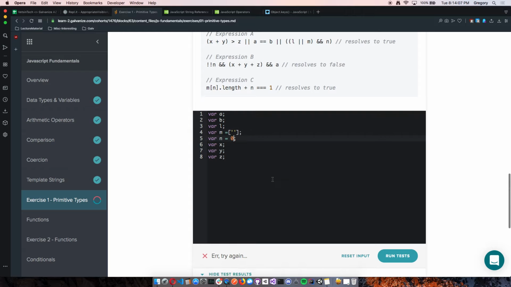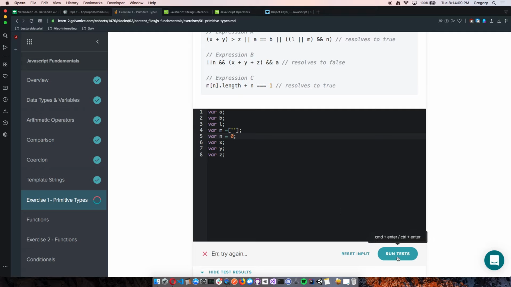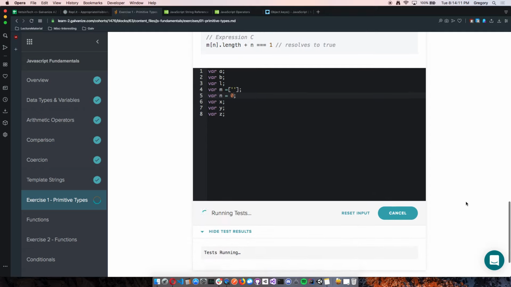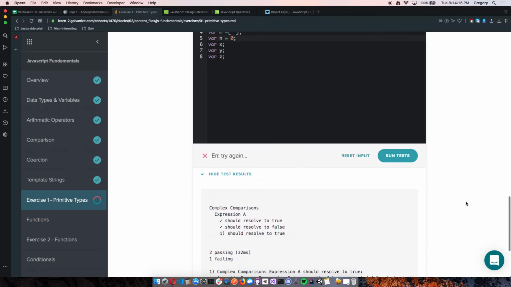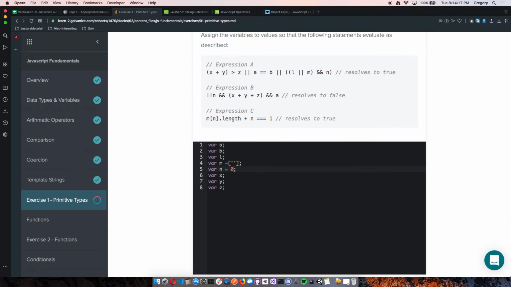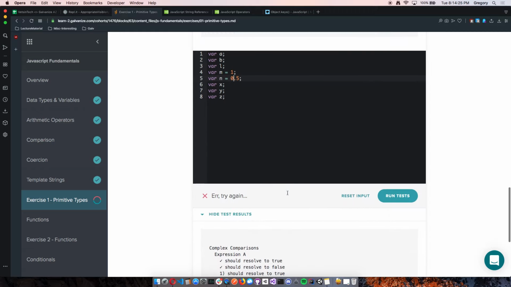Zero plus one equals one. Let's do 1 for M and 0.5 for N. One more time. Do 1 for M, number 1, and then 0.5 for N. Can you do it? Yep. Put a 0 there.